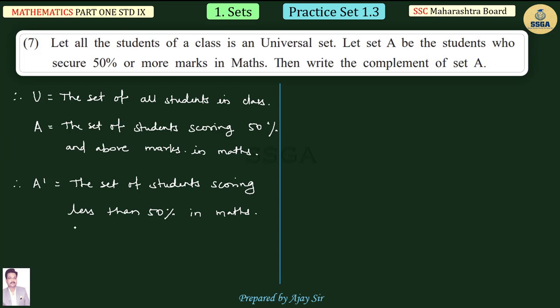So this is the answer, student. This is the complement of set A: those who score less than 50% in maths for a given class.